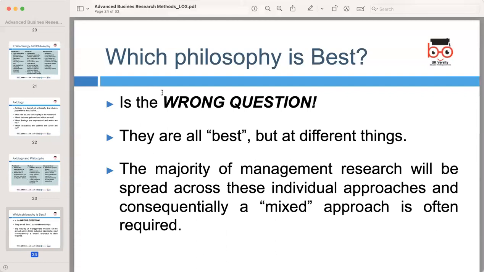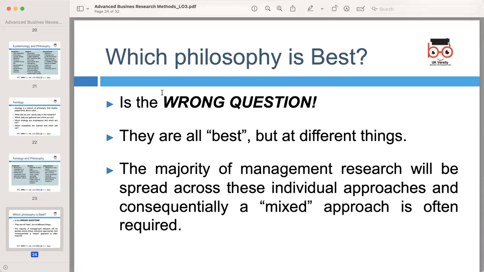In fact, the majority of management research is spread across these individual approaches. Scholars and practitioners often recognize that a mixed or integrated approach is necessary to effectively tackle the complexities of management. By drawing from multiple philosophies, managers can tap into a wider range of tools and strategies to address various organizational issues.